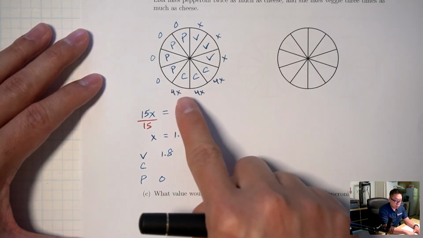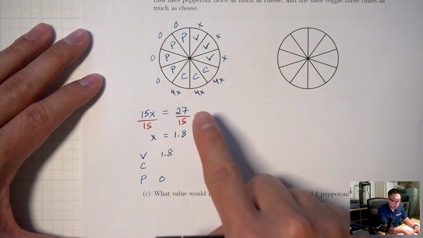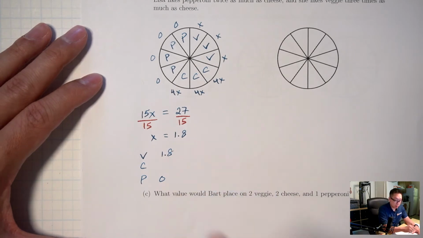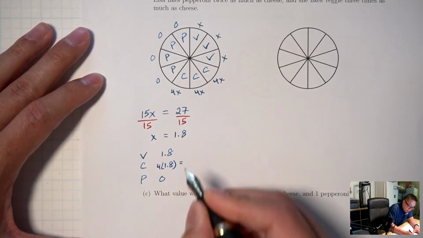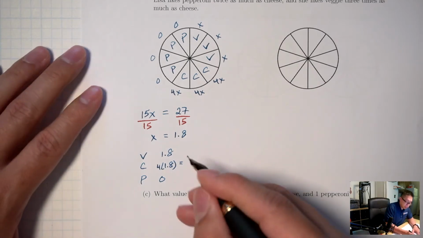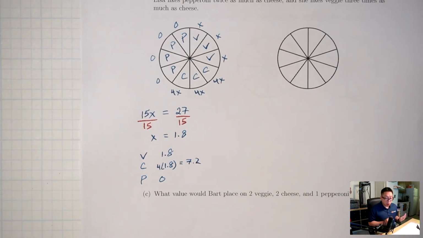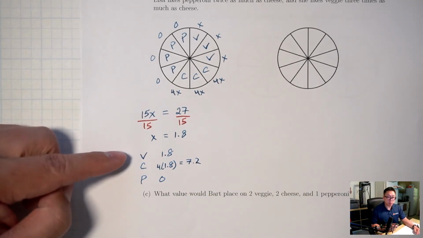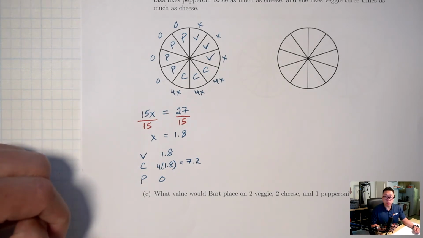The cheese, which we labeled as 4x, that's just telling me to do 4 times x. So 4 times the 1.8. And what is that? $7.2. So for Bart, he values the veggie as 1.8, the cheese 7.2, and the pepperoni as 0.